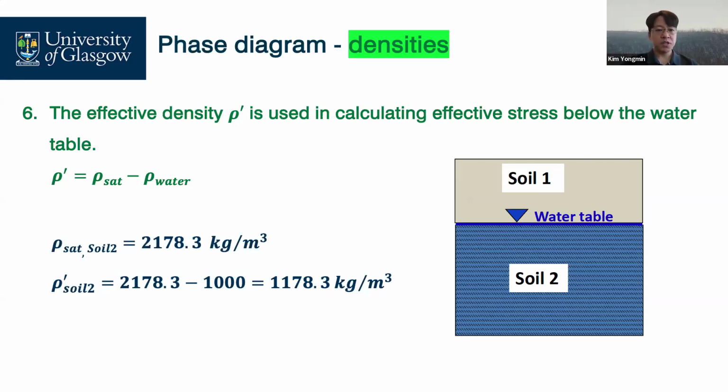So, this is the saturated unit weight or density minus water. This is a fully saturated soil, and then take out the water effect. This is the submerged unit weight.